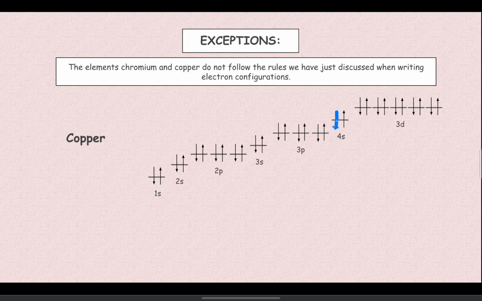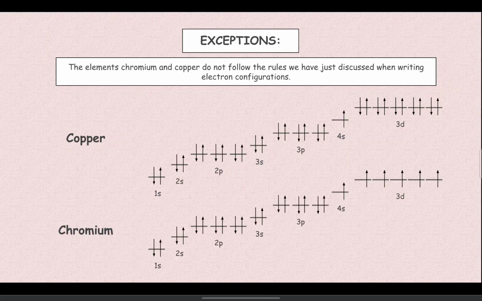Why? You would think from the previous rules that you'd fill that 4s first and there wouldn't be 1 there. That's what you'd think. Whereas, yeah, that's the incorrect way of doing it. The correct way is doing the 3D before the 4s.